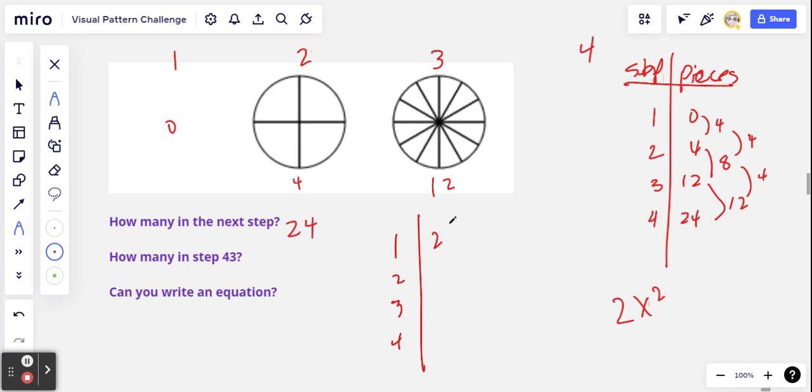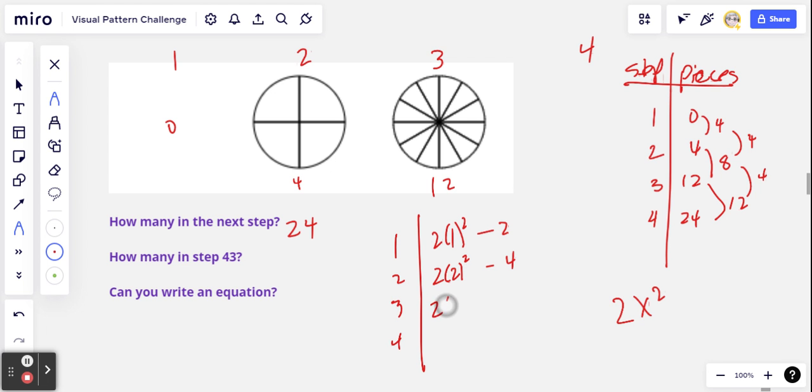So 2 times 1 squared, that'd be 2. How do I get to 0? Well, I have to subtract 2. And this is the part we're going to look at to see if we can find some pattern in what we're doing to this 2x squared each time. In step 2, 2 times 2 squared. 2 squared is 4, times 2 is 8. And I've got 4, so I'd have to subtract 4. How about in step 3?